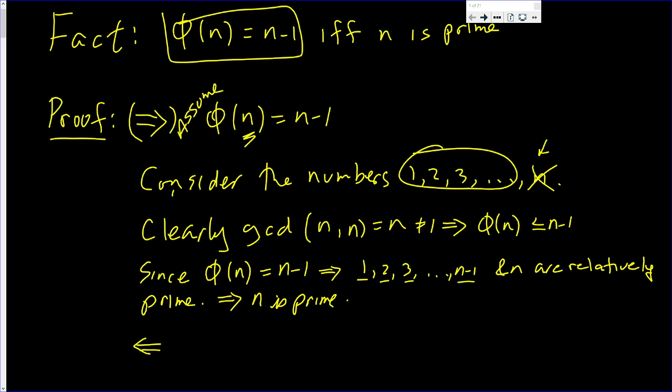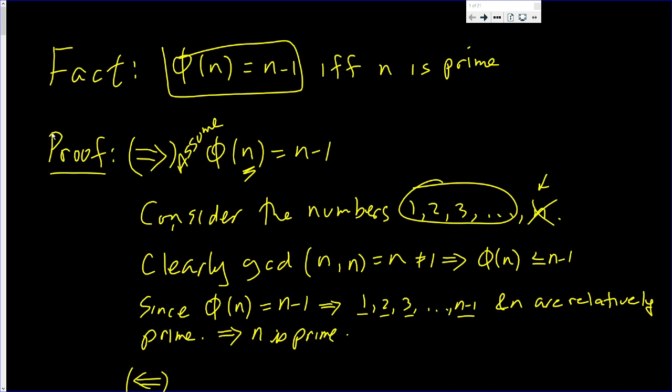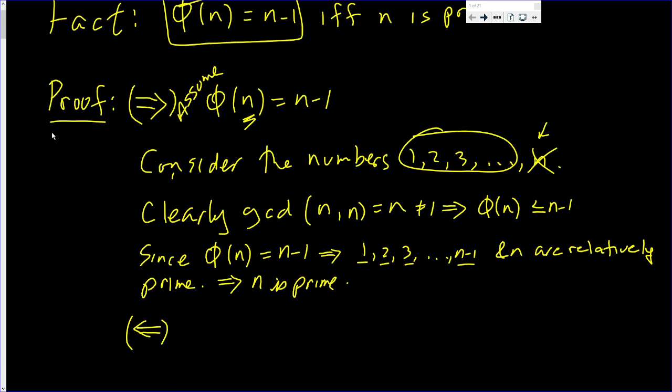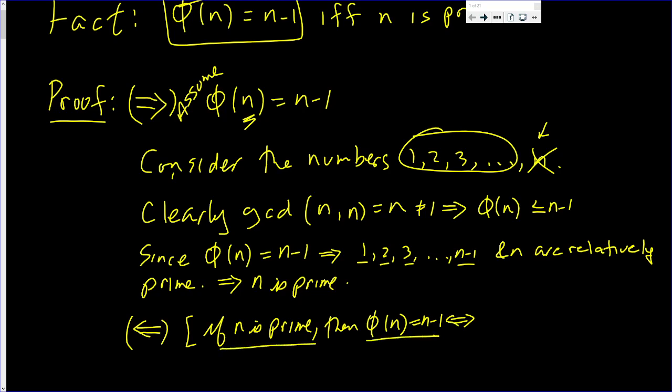Now we go the other way. I want to show, so this says if n is prime, then phi of n is equal to n minus 1. But I'm not going to do that. I'm going to negate this and negate that.